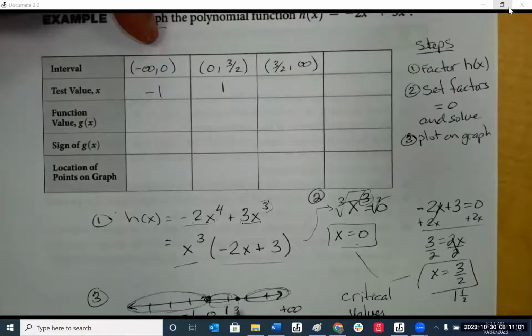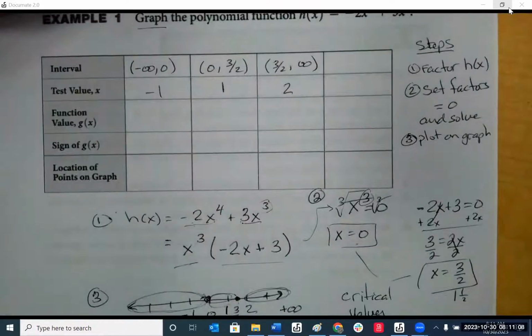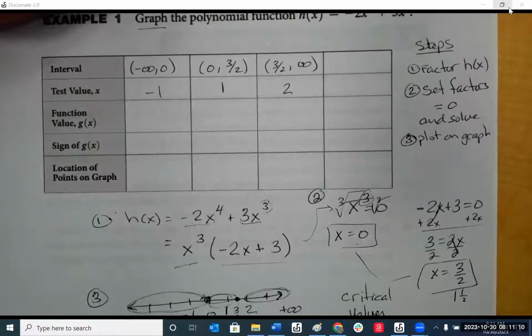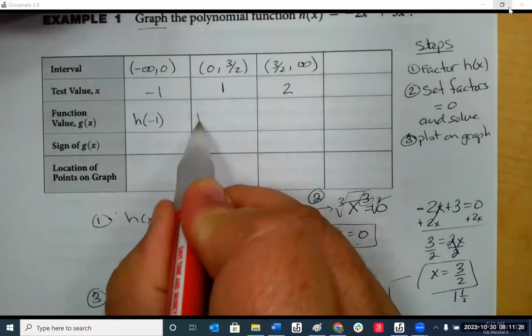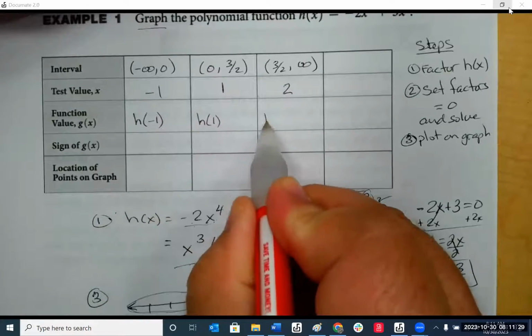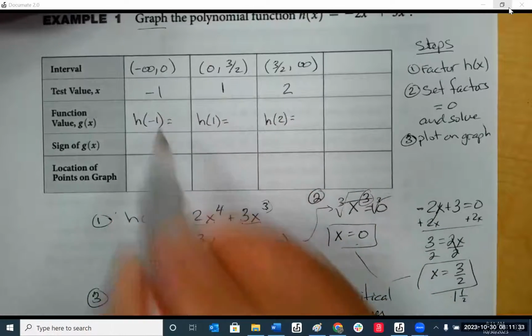In the last interval, any point from 3/2 to infinity, I pick 2. Always pick the easy ones. So first we factored, found the critical values, the x-intercepts, then picked a value inside each interval, and now we're going to place them inside our function and work it out.